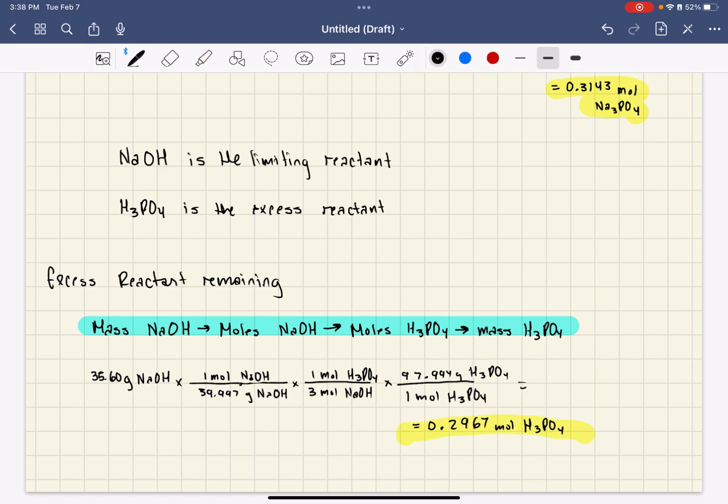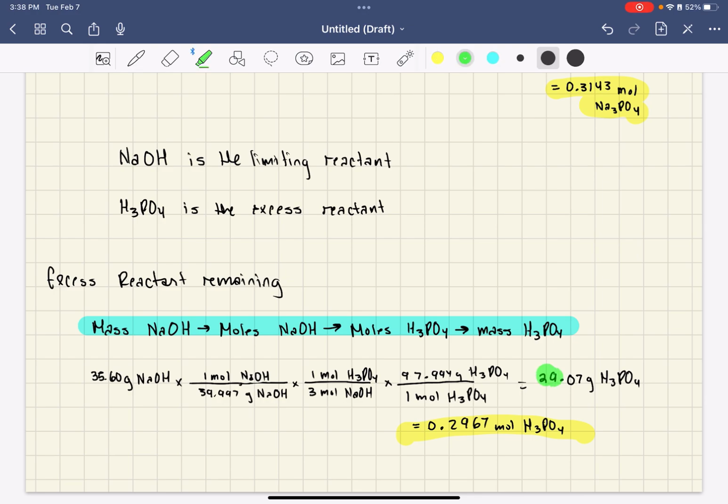We multiply 35.60 times 97.994, and we divide that by what's on the bottom, which will be 39.997 times 3. That will give us a total of 29.07, always respecting the significant figures. And that will be 29.07 grams of, once again, H3PO4.